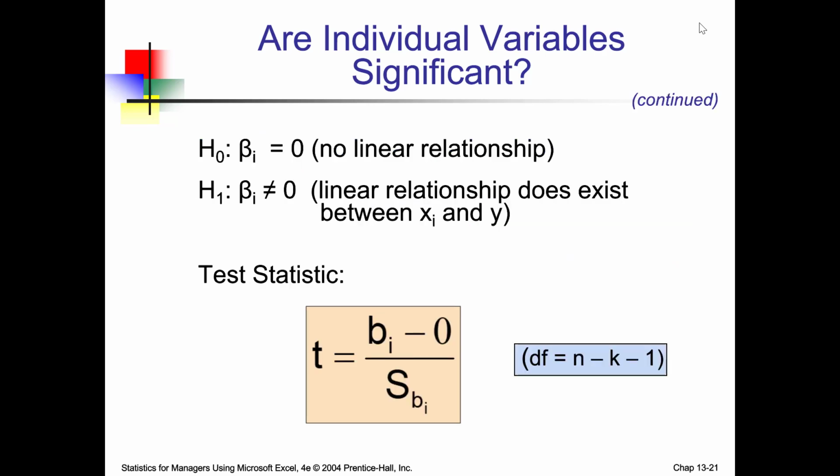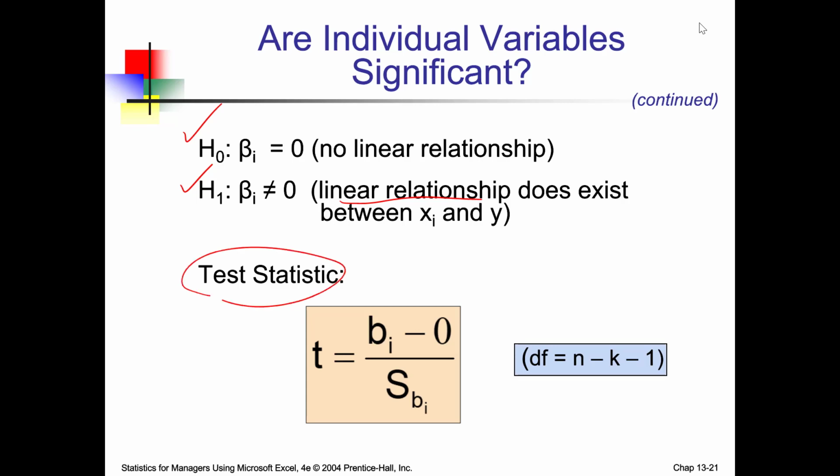So right here, H0 is beta i equals 0, and H1 is beta i not equal to 0. That's the alternate hypothesis. If beta i is not equal to 0, there's a linear relationship between xi and y.